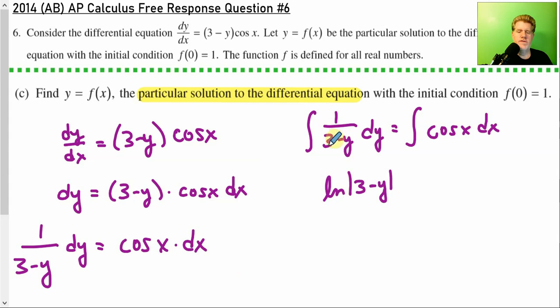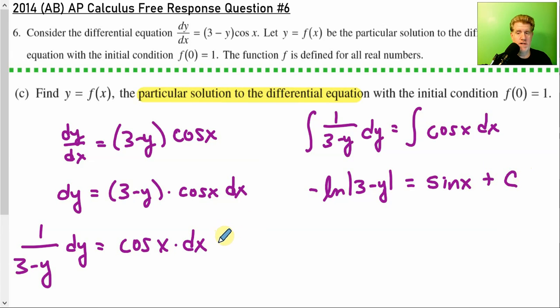If you take the derivative of 3 minus y, you get negative 1, so I have to put a negative out there to counteract that. The integral of cosine is sine of x, plus some constant.